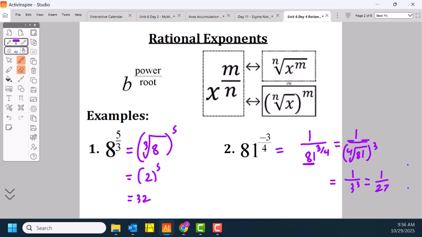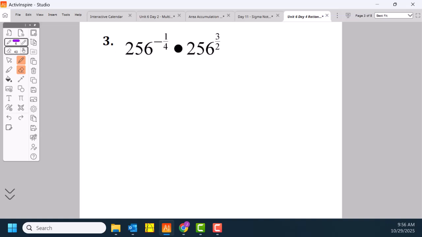Okay, a couple of mistakes that I see people make all the time. So for example, for this one, if we rewrite these as roots, this is going to be 1 over 256 to the 1/4, which would be 1 over the 4th root of 256, times the square root of 256 cubed.